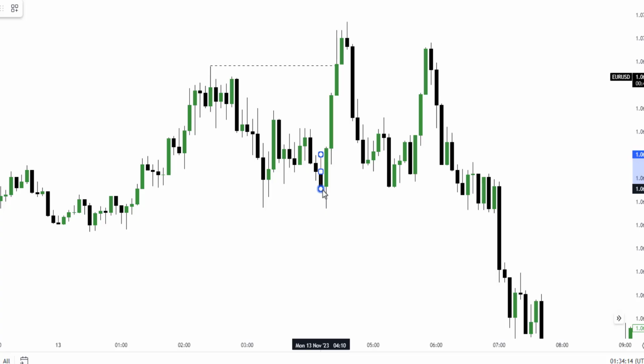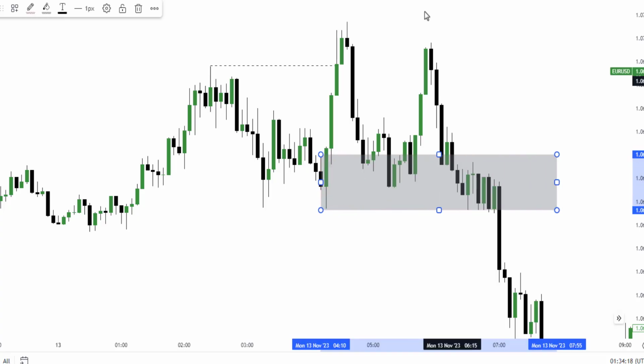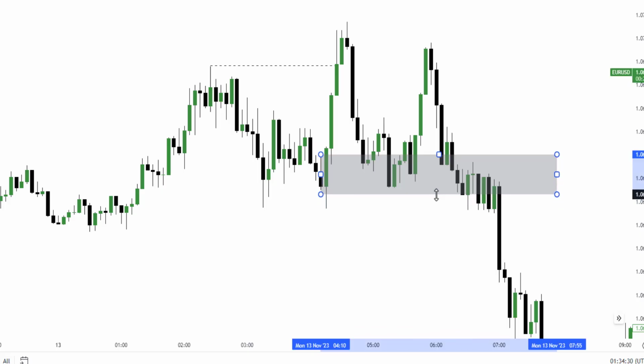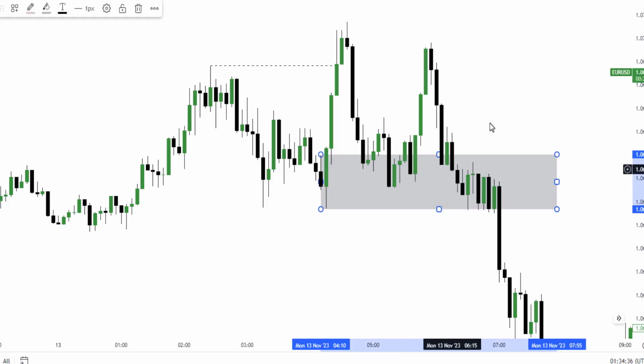But part of my rule of marking, I'll go to the lowest candle that has the lowest wick, and the entire area becomes my order block. I will show you the reason why I do that subsequently. But if you are marking the order block based on smart money, this is basically your order block. But I would love to map out including the wick of the candle and watch as price comes back.